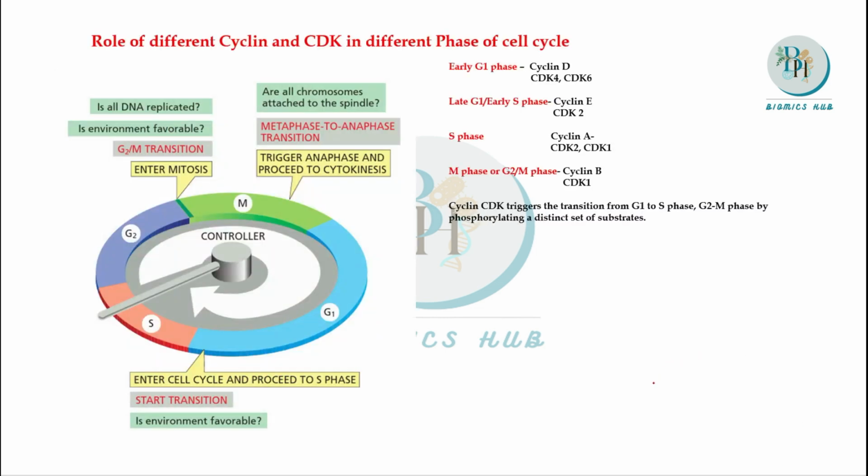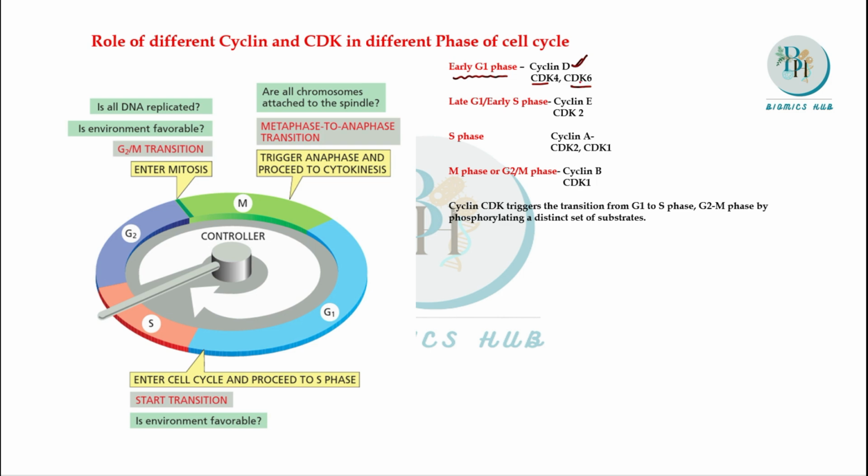Now comes the cyclin and the CDK. As I have already told you, there are different types of cyclins as well as CDKs in different phases of the cell cycle. The cell cycle is divided into 4 phases. In the early G1 phase, the cyclin involved is cyclin D, and the CDKs are CDK4 and CDK6.